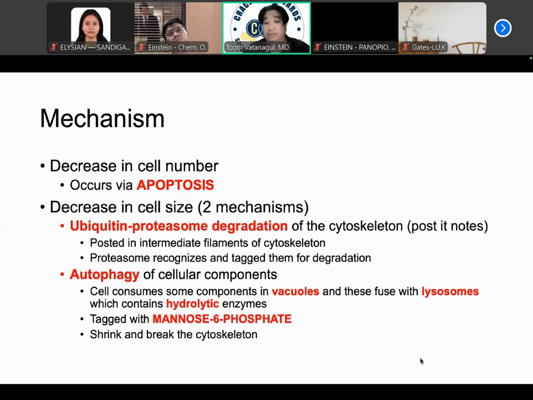Now, there is a very important enzyme. It's actually mannose 6-phosphatase, which is associated with autophagy. This one came out in the boards. Question: what disease is associated with a deficiency in mannose 6-phosphatase or mannose 6-phosphate? What disease?